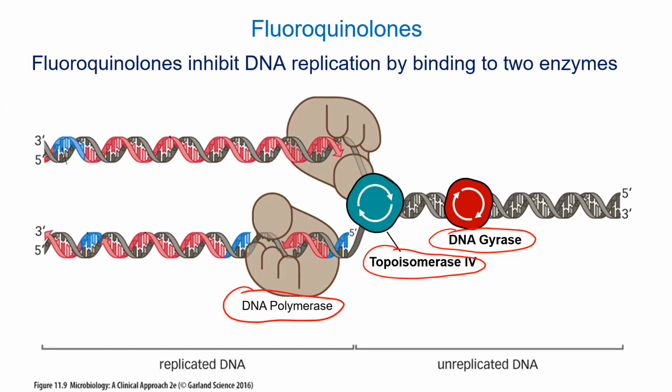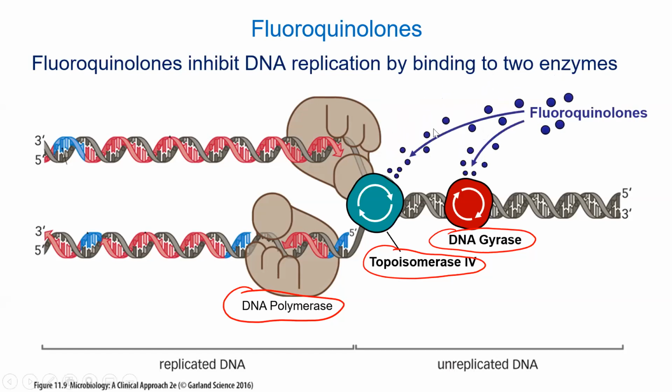They're untangling enzymes. And these fluoroquinolones basically get in there and block these enzymes, so the bacteria cannot replicate their DNA. They can't grow. And that's how the drug works. Like I said, these ones are usually considered relatively potent. They're sort of a newer class, particularly Cipro.